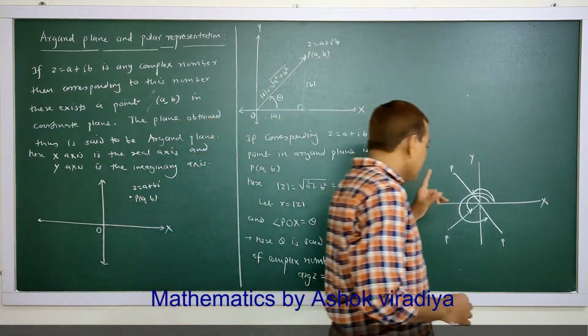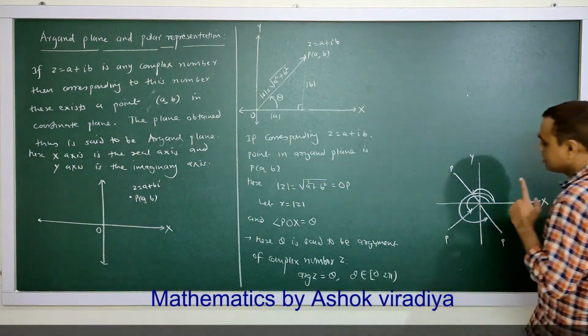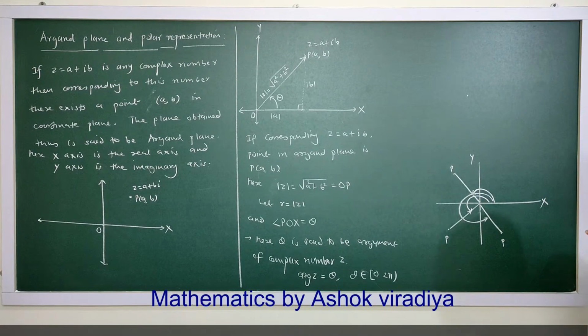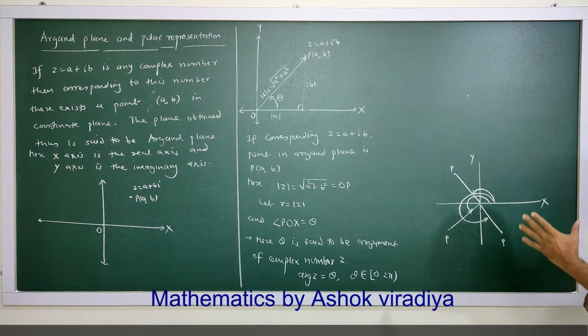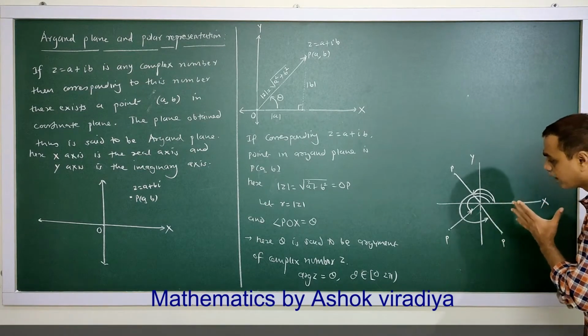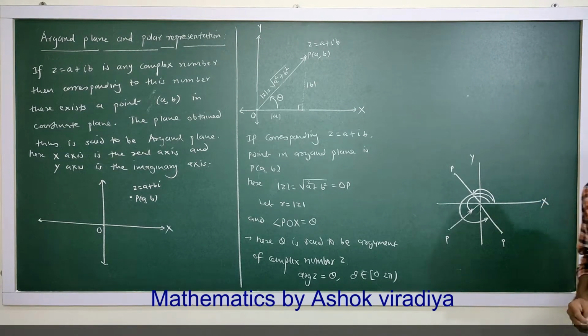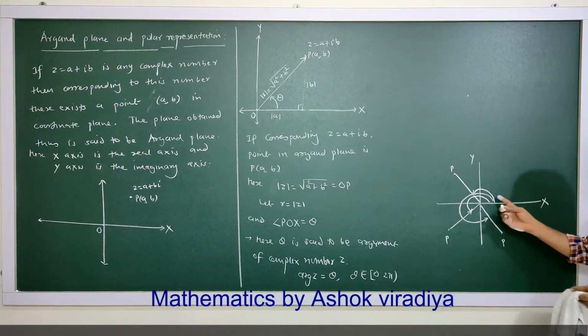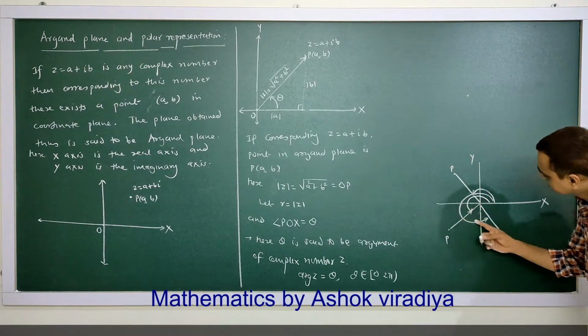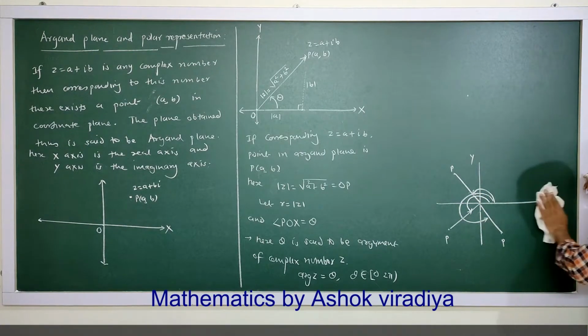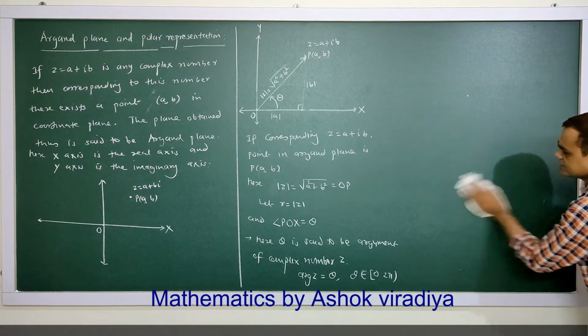But in this discussion, we will take theta in the interval minus pi to pi. Instead of taking this first rotation, the rotation can be taken by this method also.